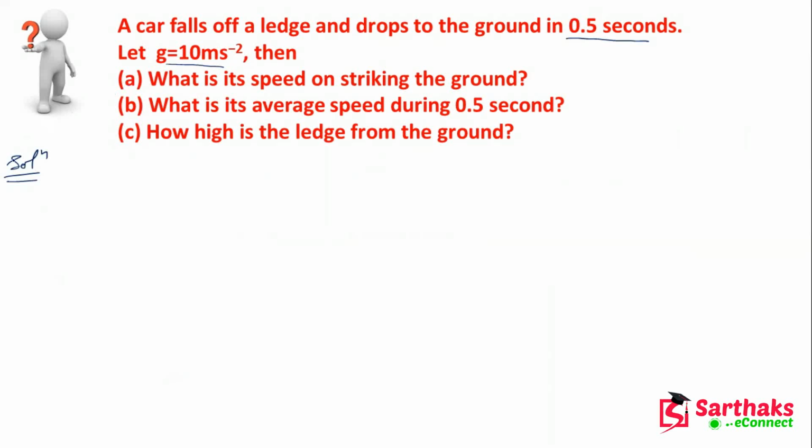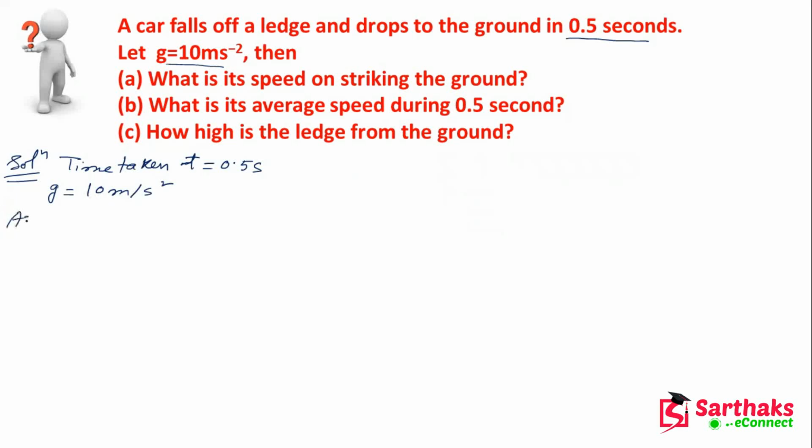First, what is its speed on striking the ground? Okay, fine. First, we write the given data: time taken t equals 0.5 second, and gravitational acceleration g has been given as 10 meter per second square.